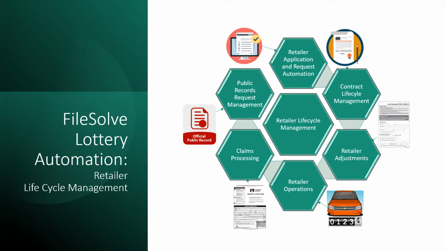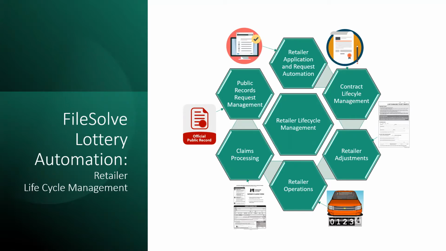The out-of-the-box solution provides for the application, which initiates the retailer relationship, the contract, which manages the relationship, the retailer adjustments, and the day-to-day tasks required to maintain that retailer relationship, claims processing, specifically exception claims, and public records request management.